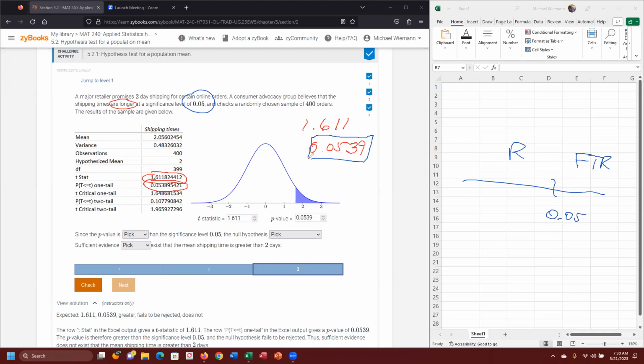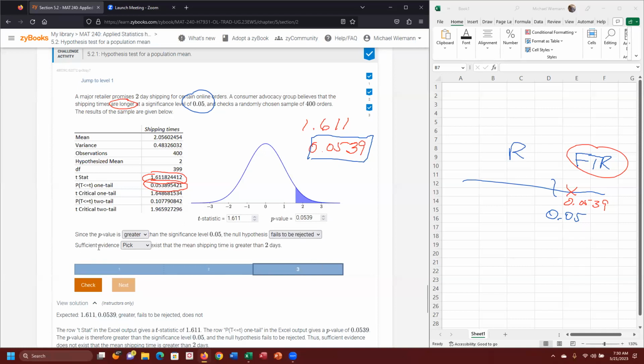In this instance, your value 0.0539 sits to the right of the level of significance. This is where 0.0539 resides. Hence, you are in the fail to reject region. Since the p-value is greater than it, we are going to fail to reject.